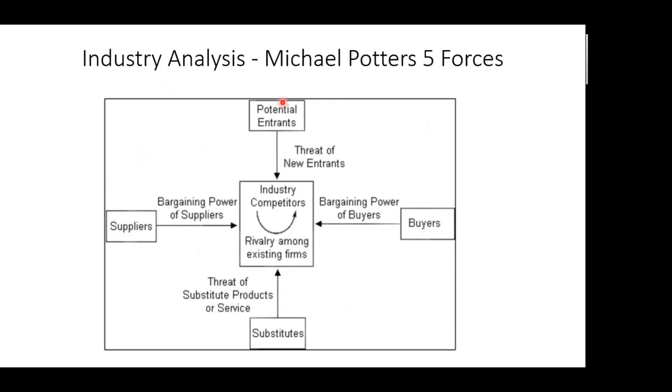And potential entrants is the other force. If you produce, say, plastic bags, what are the other potential entrants? There's a potential of paper bags entering the market. And substitutes.